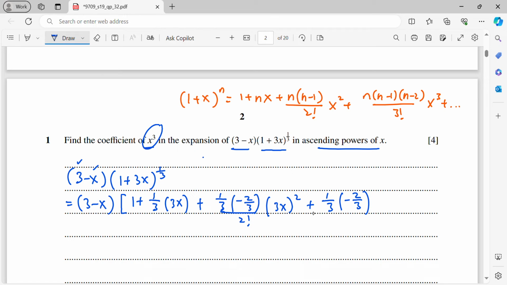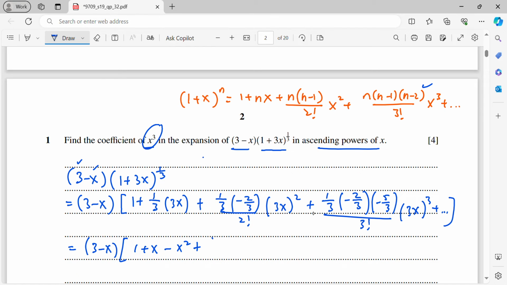Then minus 2 over 3, you minus another 1, that is minus 5 over 3, then over 3 factorial, then (3x) cubed. Okay, so from here, I will simplify the terms inside the square bracket. You will be getting 1 plus x minus x squared plus 5 over 3 x cubed.